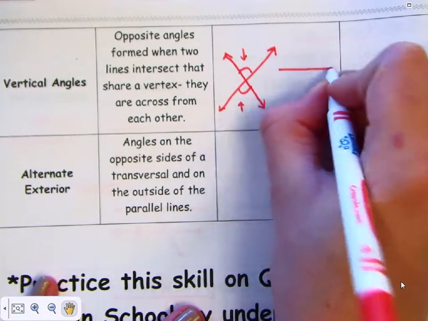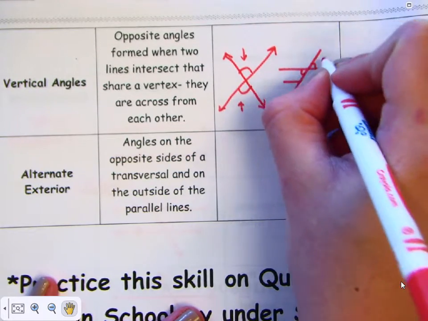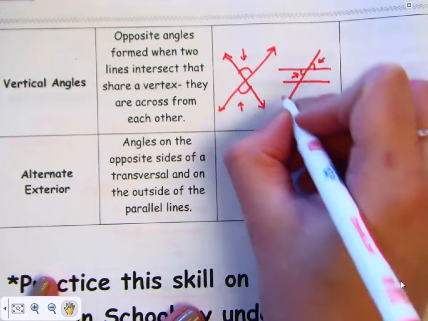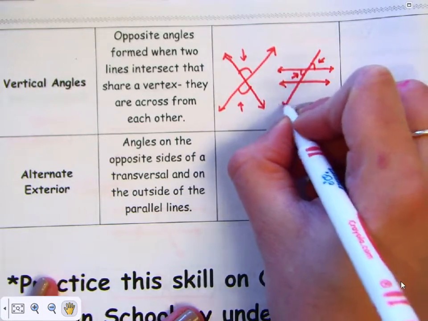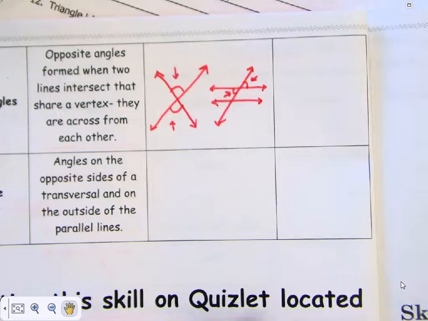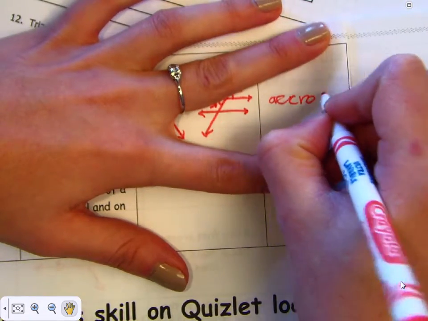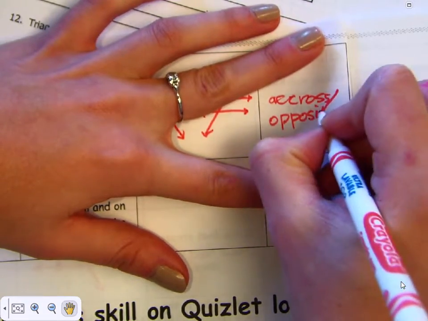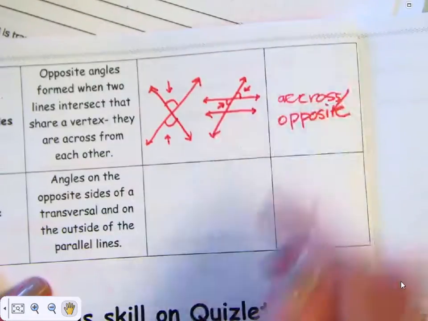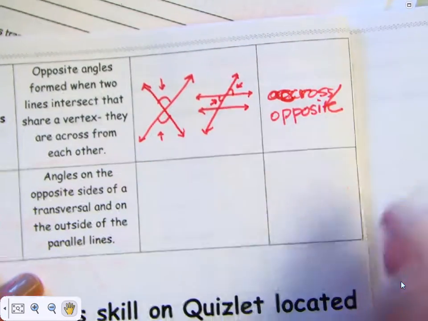And in our picture of parallel lines cut by a transversal, that would be an example of vertical angles because they're opposite each other, right across from each other. So I just think across or opposite. That might help you. Cross only has one C. Might help you remember that.